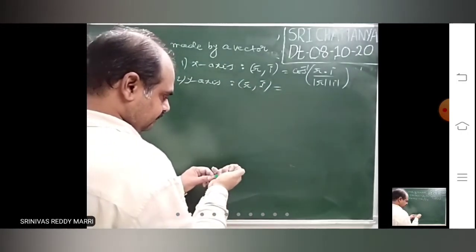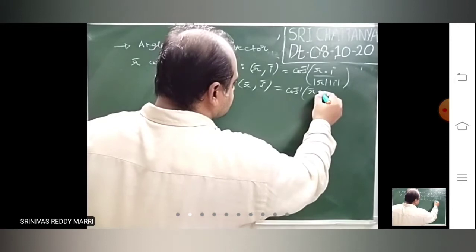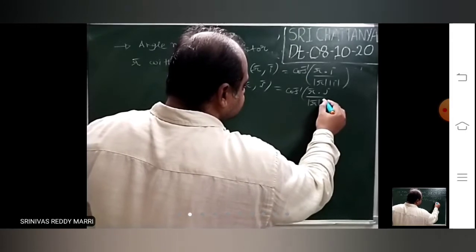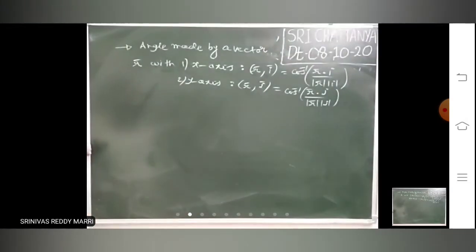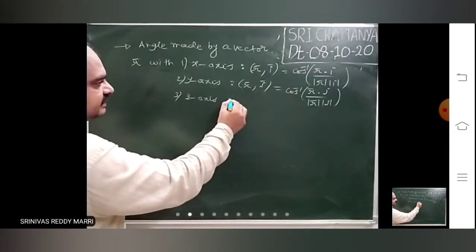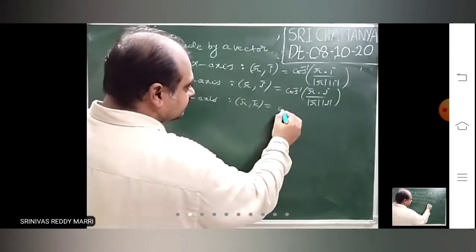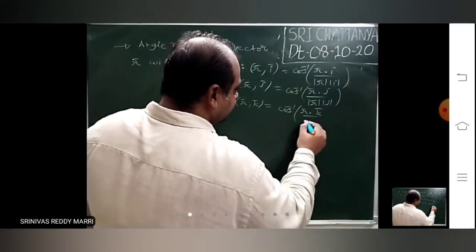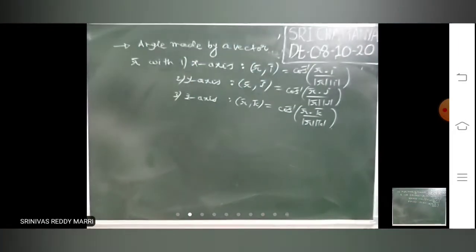This is nothing but cos inverse r bar dot j bar divided by modulus r bar into modulus j bar. Angle made by the vector with z axis is nothing but angle between r bar and k bar. That is nothing but cos inverse r bar dot k bar divided by modulus r bar into modulus k bar.